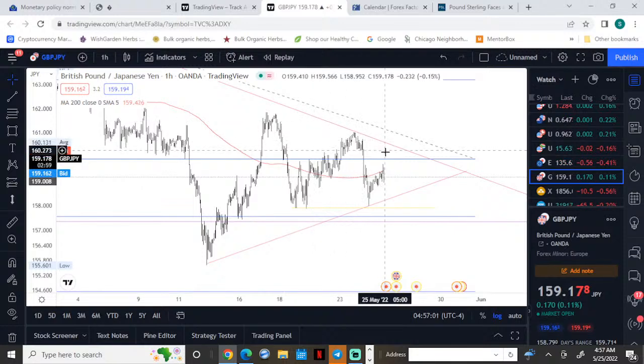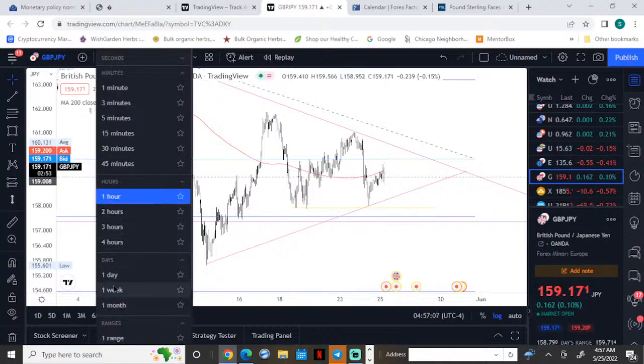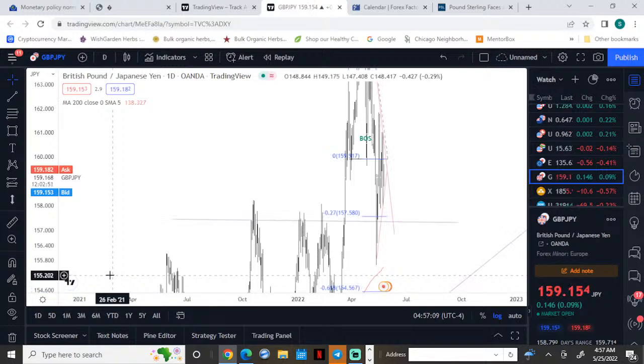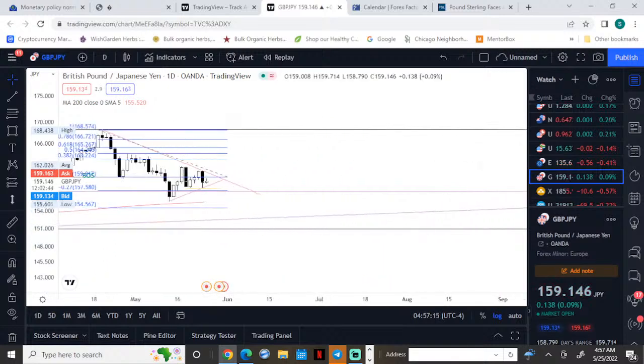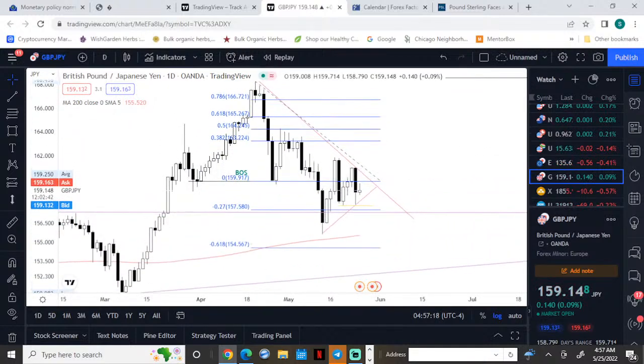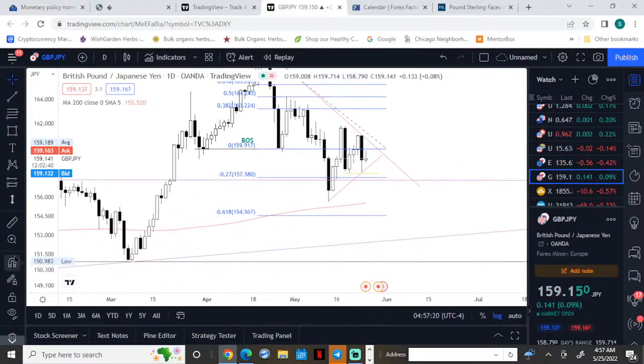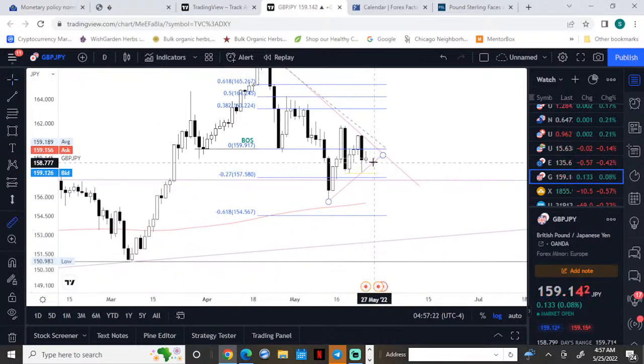I want to see price break this yellow line. Which on the daily, how many pips away are we from it? 88 pips.